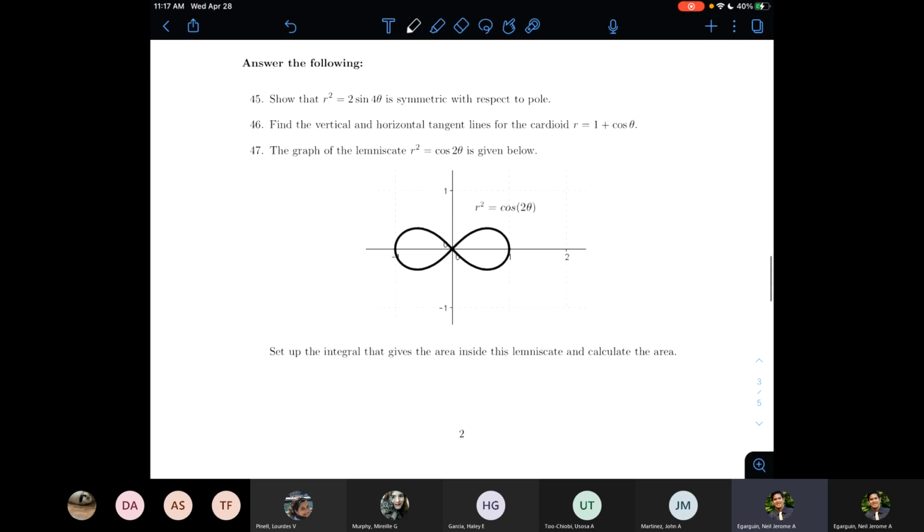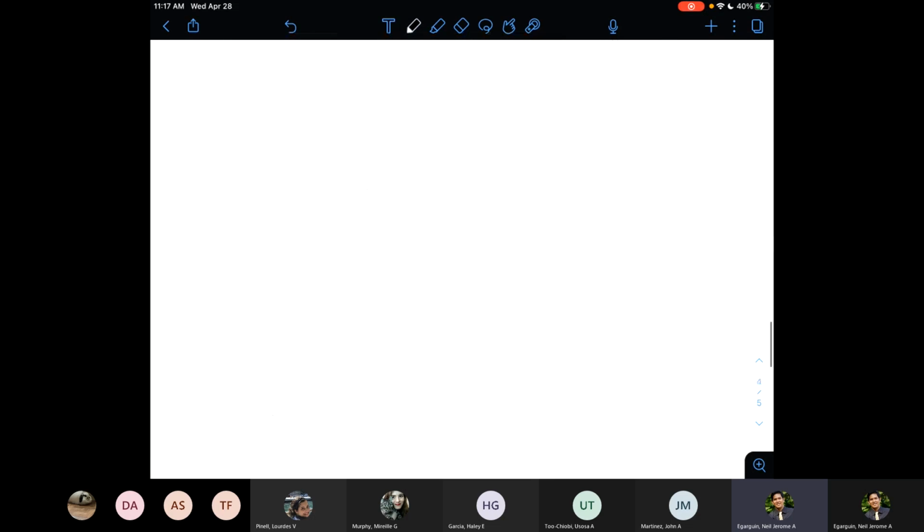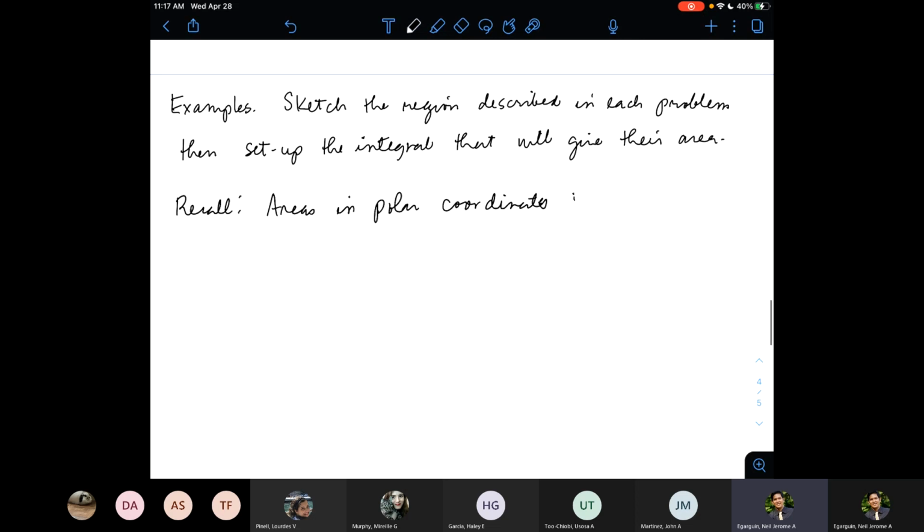Oh, by the way, I forgot to recall here that maybe I'll put here. Recall for the areas in polar coordinates, the general form is this. The area will be equal to 1/2 integral from an angle alpha to an angle beta of the radius squared d theta.